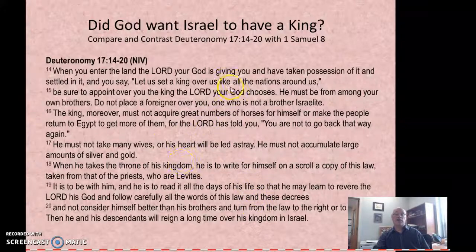I'll ask you to comment this week in one of your forum discussions: did God want Israel to have a king? There are two passages I'm going to ask you to read as you comment on that in your forum: Deuteronomy 17, and then 1 Samuel 8. Because when you read these two passages, one of them seems like God wants there to be a king, and he just wants to set limits on it and say, if you're going to have kings, this is the kind of king you need to have.